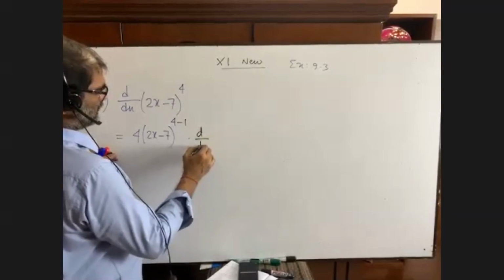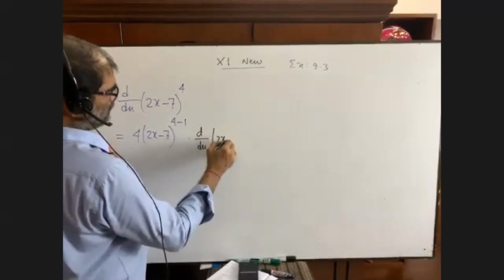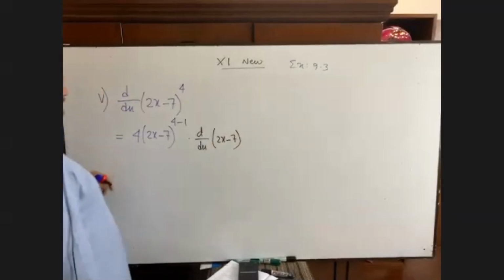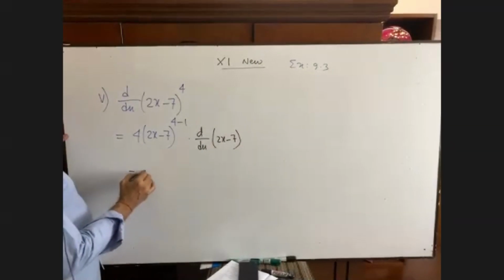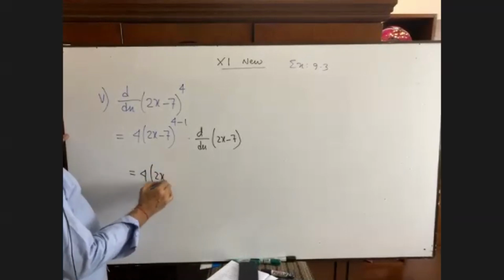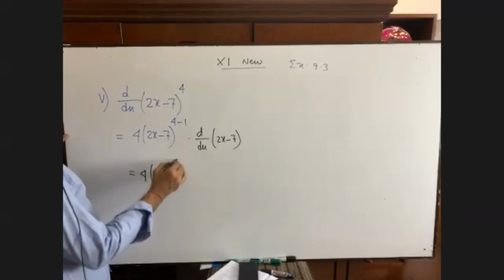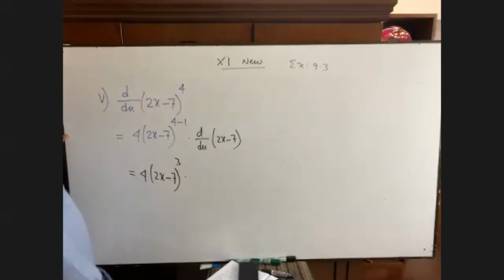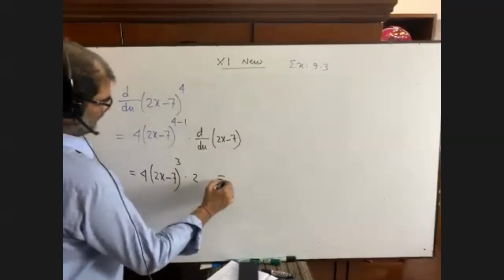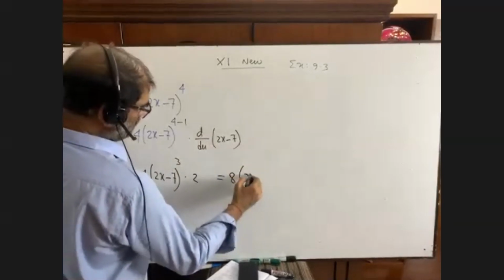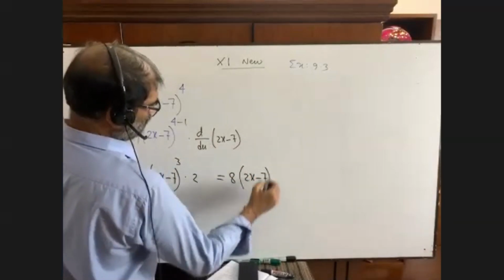What is x here? It is 2x minus 7. So 4 into (2x minus 7) whole cube, and the derivative is only 2, so we get 8 into (2x minus 7) whole cube. This is our answer.